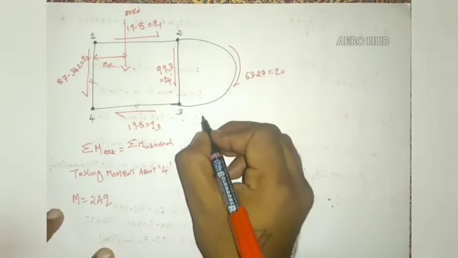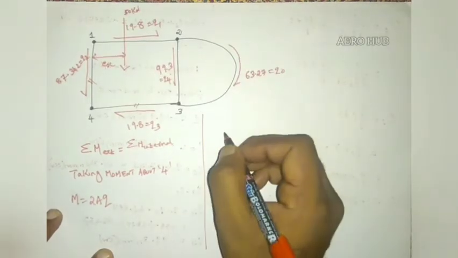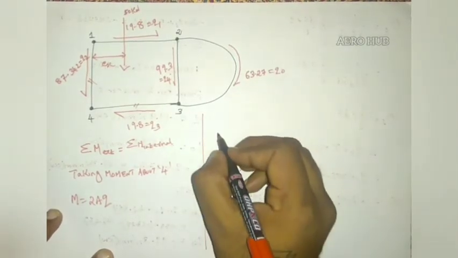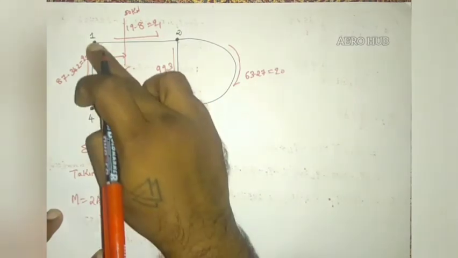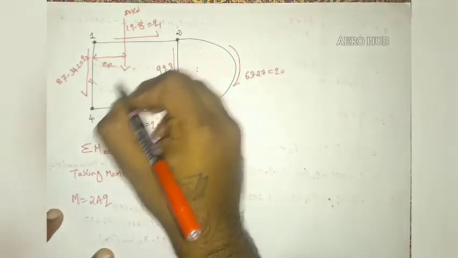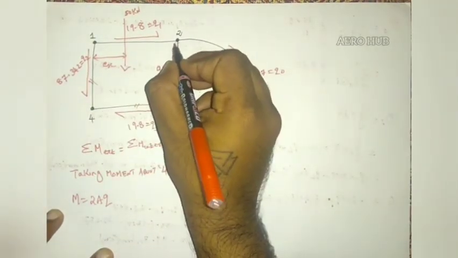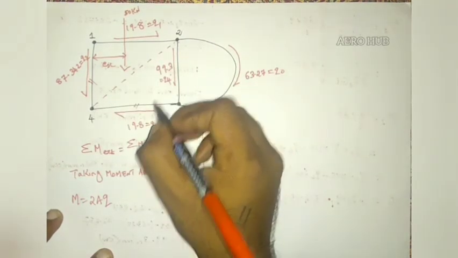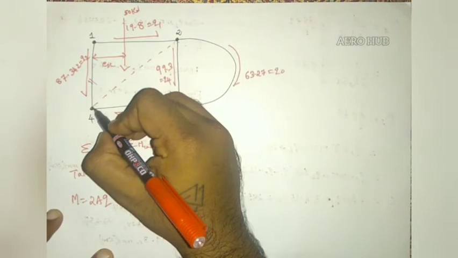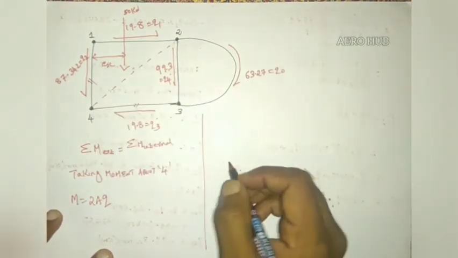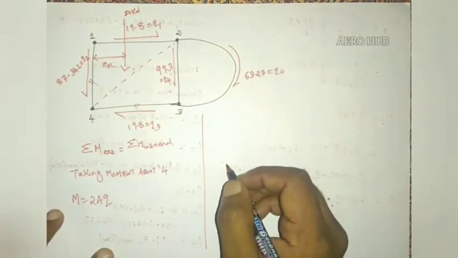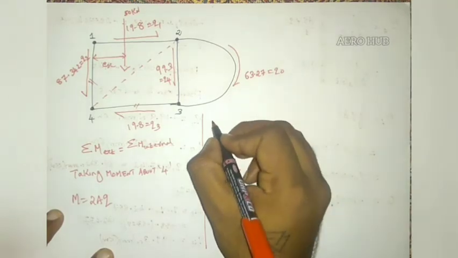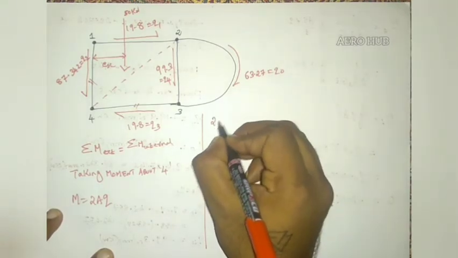So I can write, the moment produced by 1, 2 will be the area enclosed by this portion, that will be this triangle, 1, 2, and the point 4. The moment will be equal to 2 times the area.